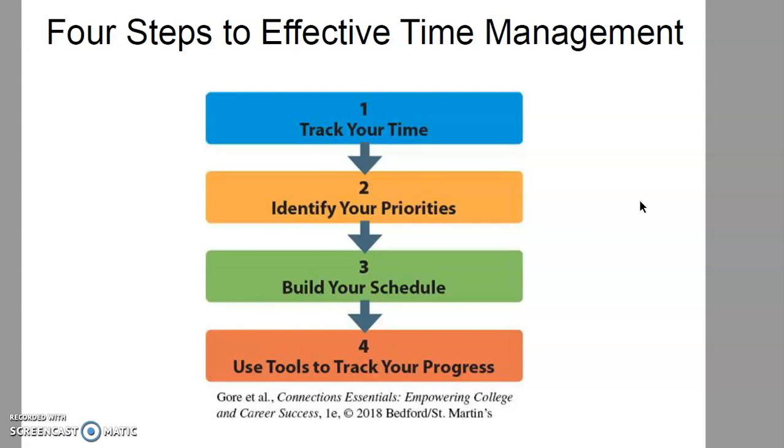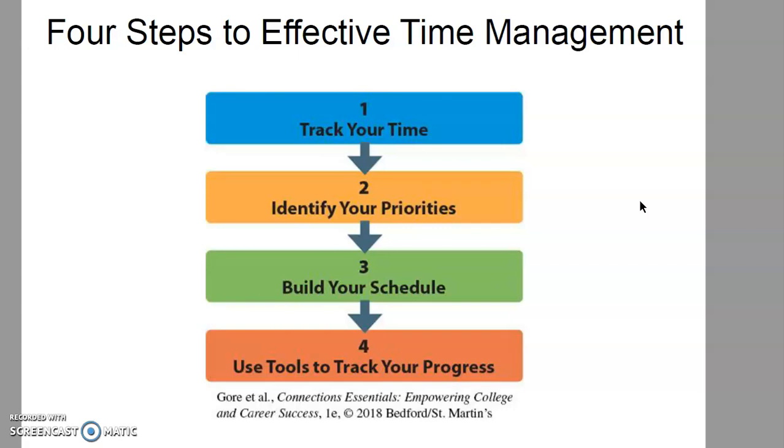The second step is to identify our priorities. Everyone's priorities will be different, and sometimes your priorities will change depending on the day, the week, or the time of year.